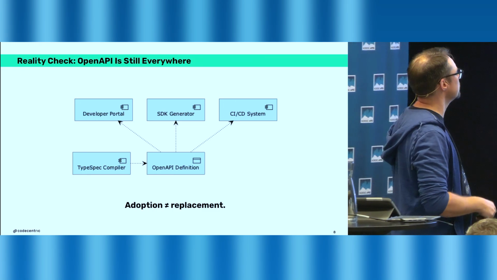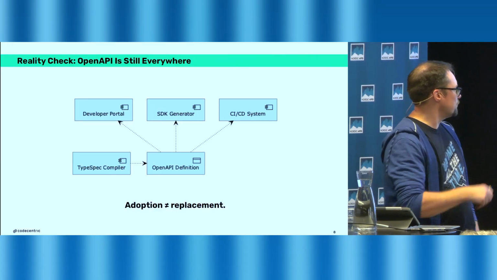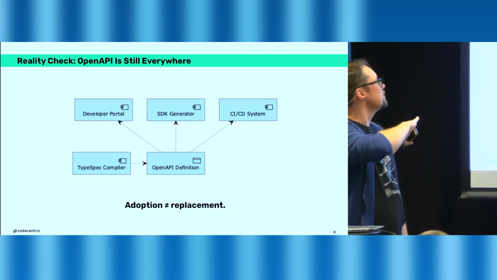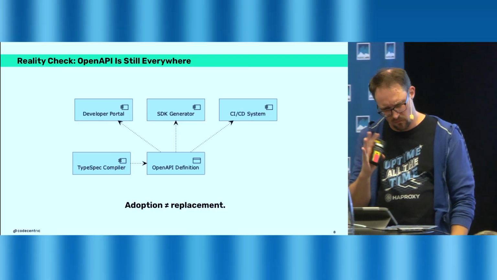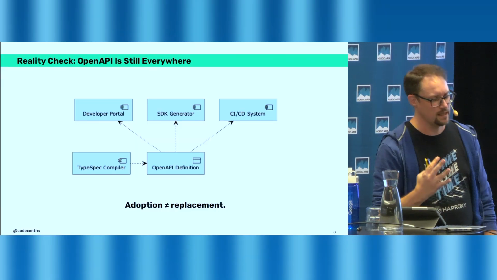So we have here some kind of application components, and we have the OpenAPI definition there. What is actually happening in our world right now is that we have some kind of adoption, but that does not mean that we have a replacement.